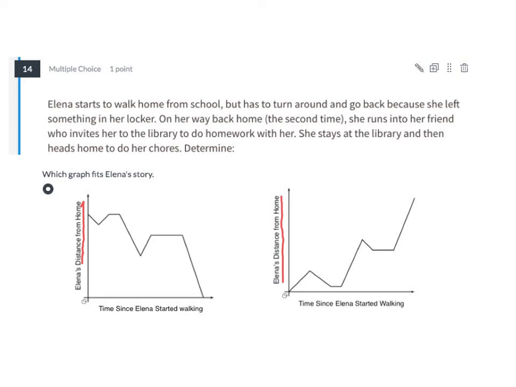Think of it like if the house was sitting here, if she's at school, you're going to start way up here. This one, if you're thinking the house is here, this is where she starts at home. That wasn't our story. She started at school. She started heading home, went back, got something, started heading home again, went to the library, stayed there for a while, and then eventually came home. So the first picture is actually better.